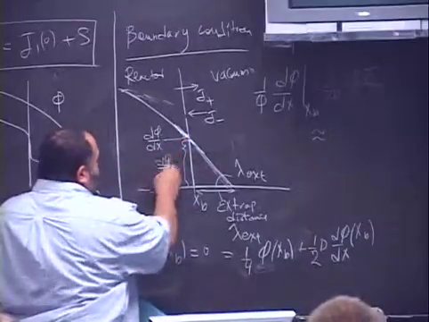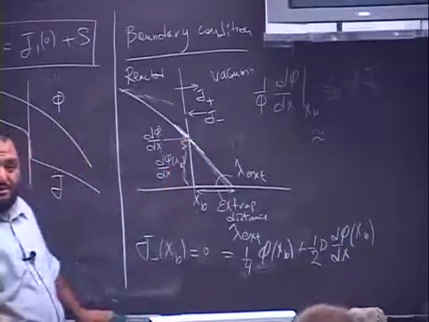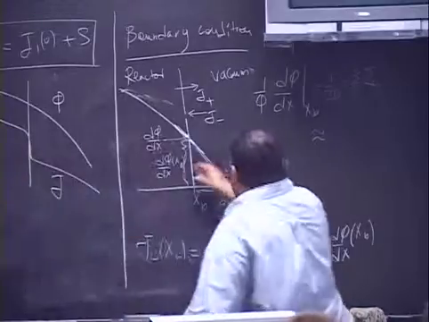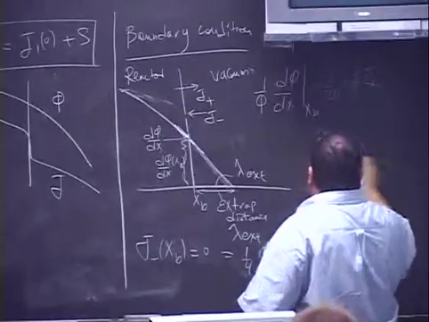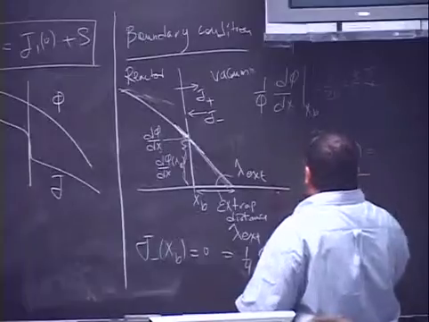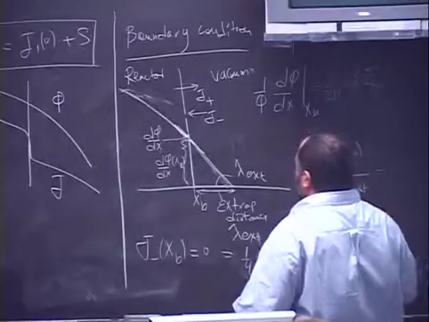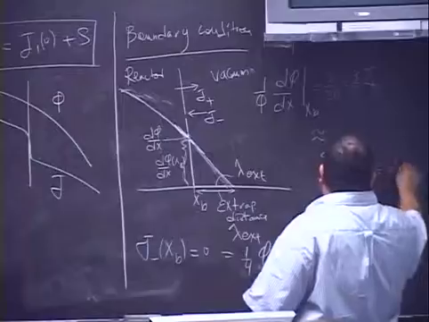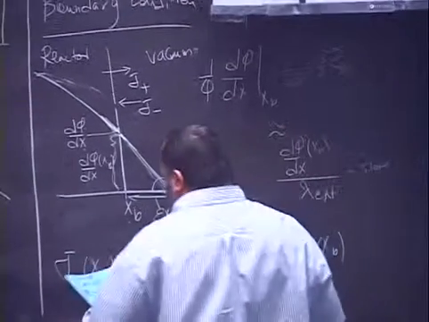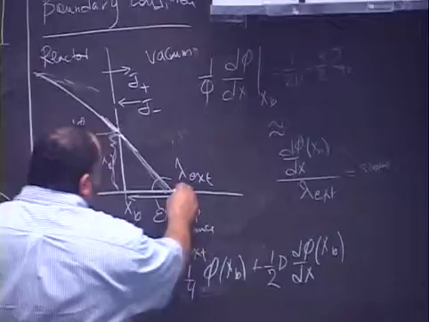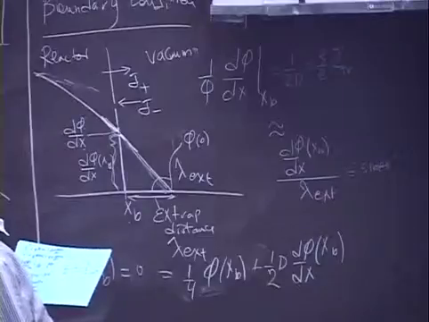This is dphi/dx at xb. If you divide dphi/dx at xb by lambda extrapolated, this will give you the slope, and this is phi at 0. This is the flux at 0.